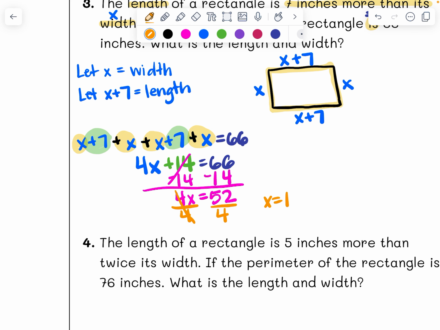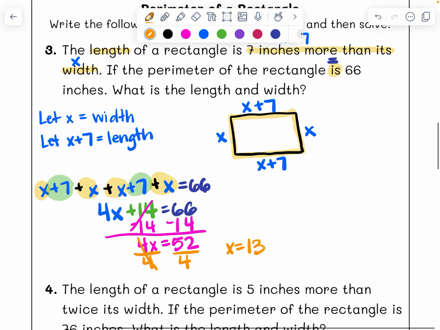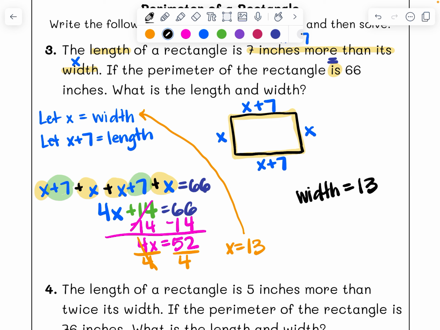X equals 13. Now, have I answered the question? The question is, what is the length and the width? All I know now is that x equals 13. So we're going to go back to my let statements. X was my width. So I can answer the question by saying the width is 13.